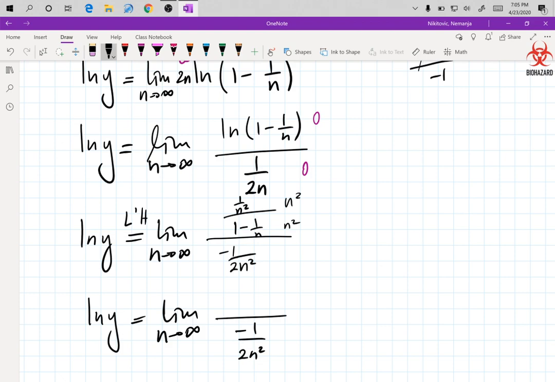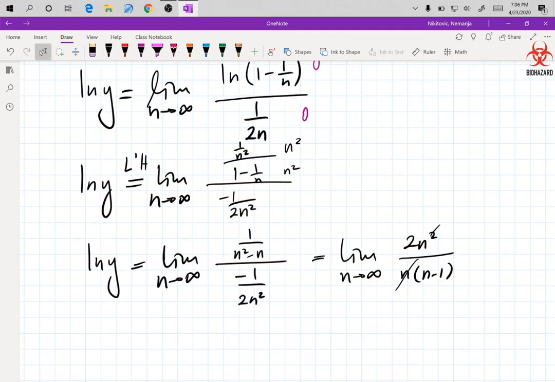That cancels, so I just get 1 on the top, and on the bottom I get n squared minus n. Now I deal with the double fraction here. I get 2n squared divided by, and I can pull n out, n minus 1. Now these guys cancel.